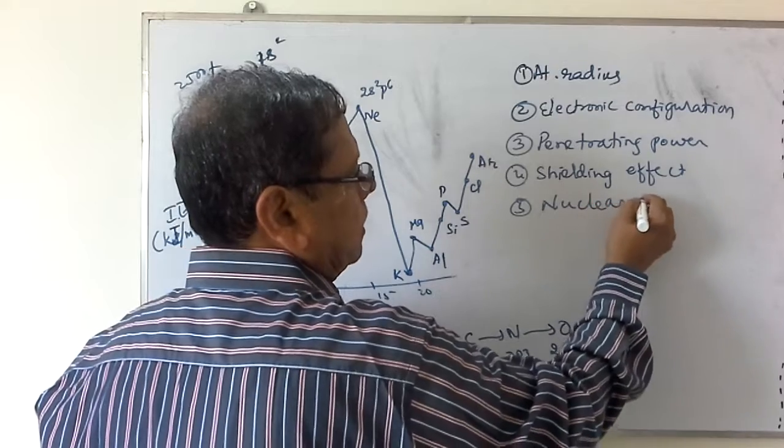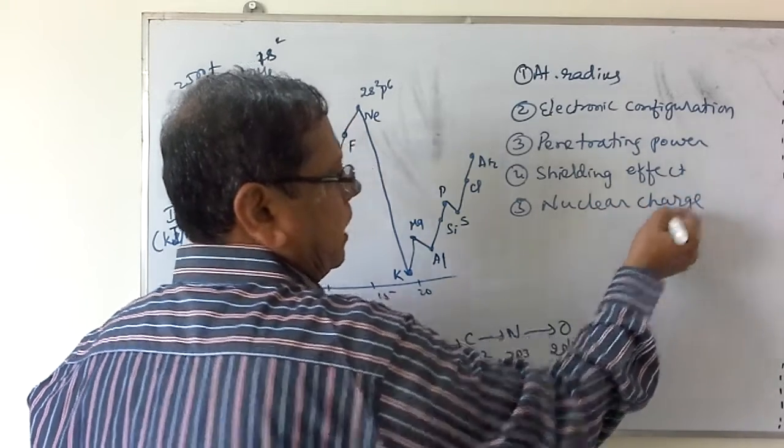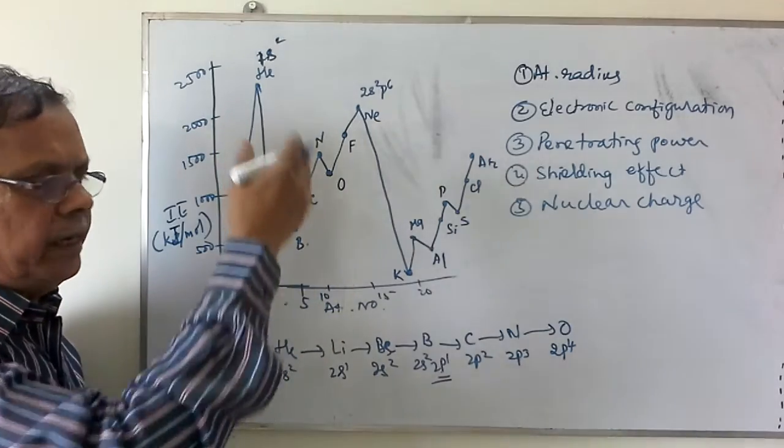We can explain the variation in the ionization energy across the period and down the group.